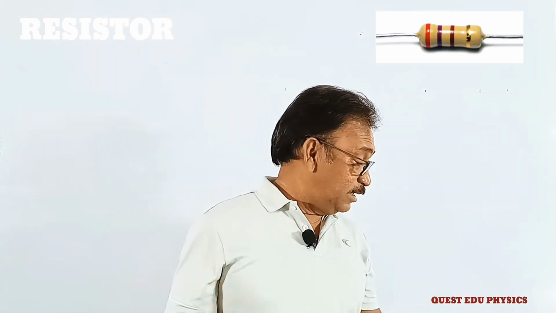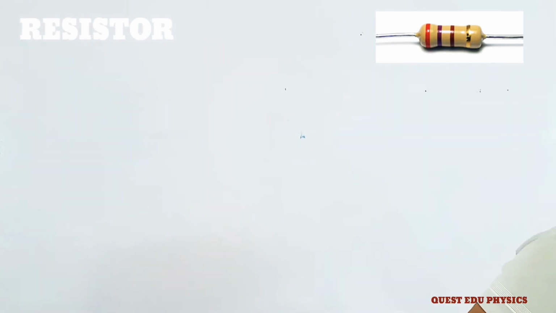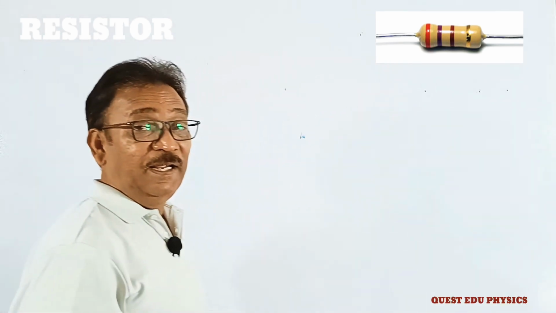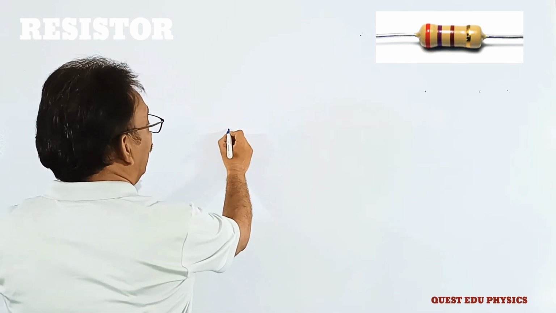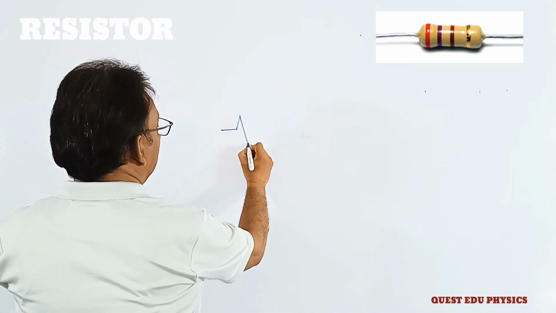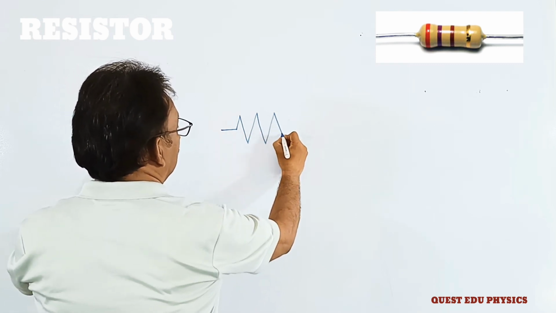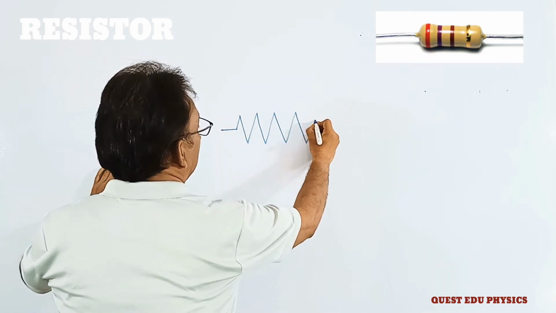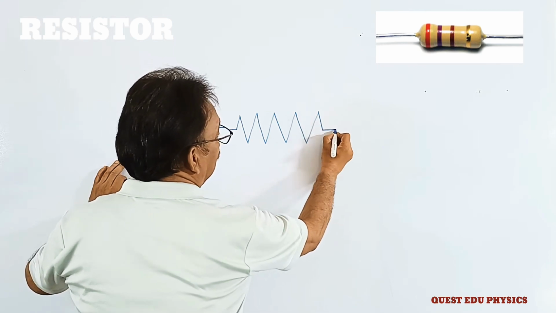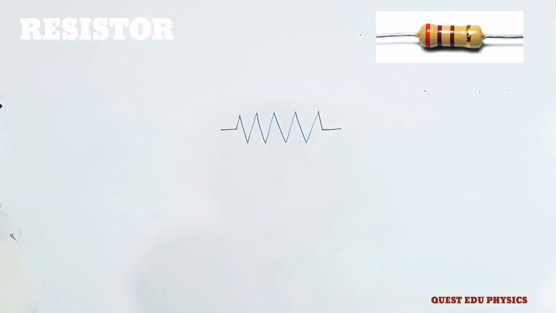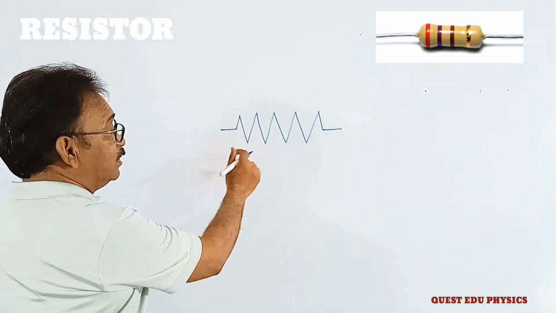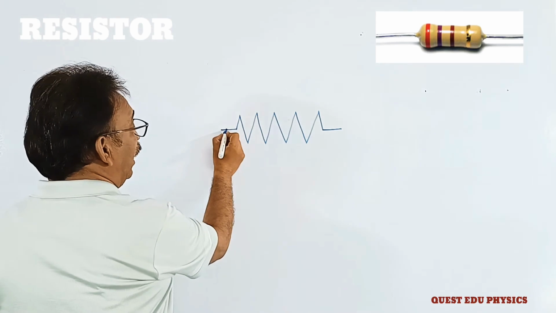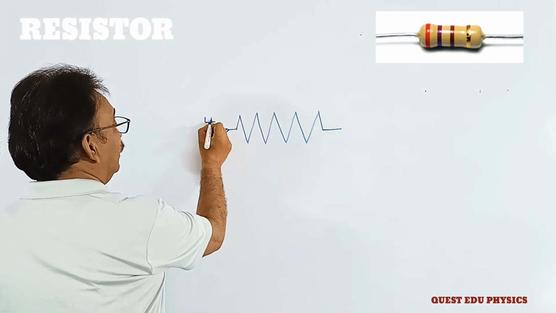Okay, students. And how is a resistor represented? Generally, a resistor is represented by a zigzag line. Does it look like a zigzag, students? Okay, it is the representation of a resistor by a zigzag, and it has leads.